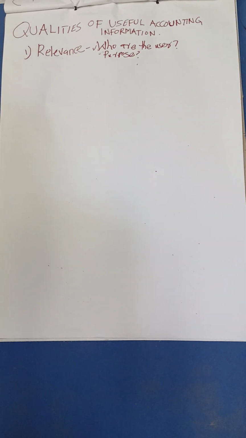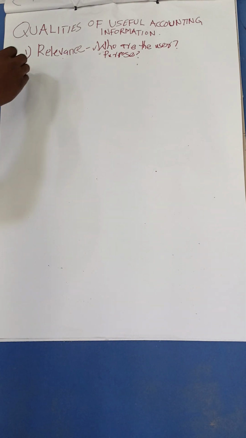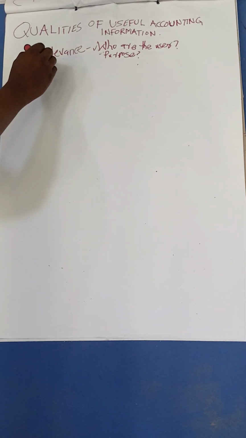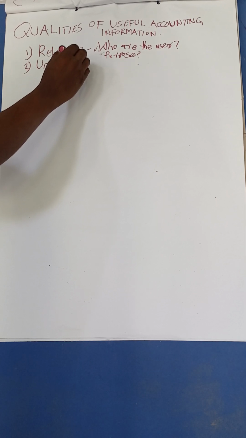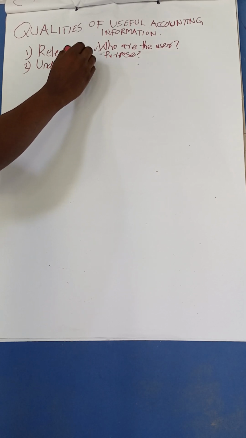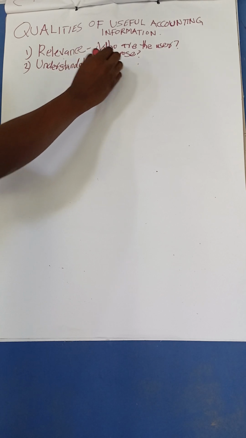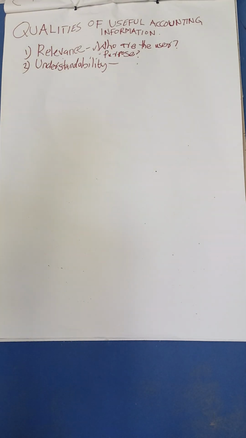Another quality that your information must meet is understandability. When I say understandability, I don't mean that the information must be simple. It means that the reports must be generated according to the abilities and the knowledge of the users concerned.